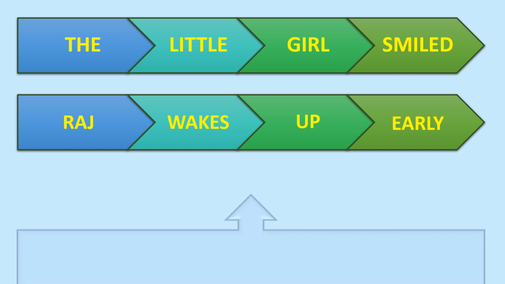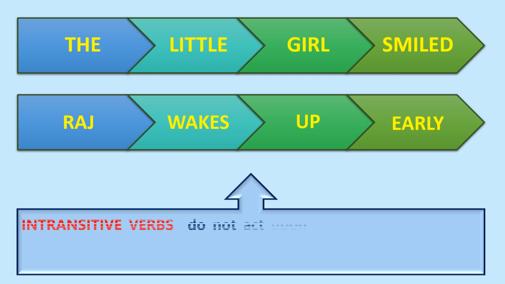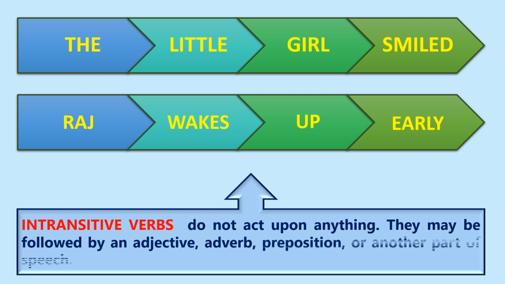So this type of action word is one in which the verb does not act upon something. Now it can be followed in a sentence by an adverb, adjective, preposition or any other part of speech, but there is no object on which the action is done by the subject. In these sentences, smiled and wakes are intransitive verbs.